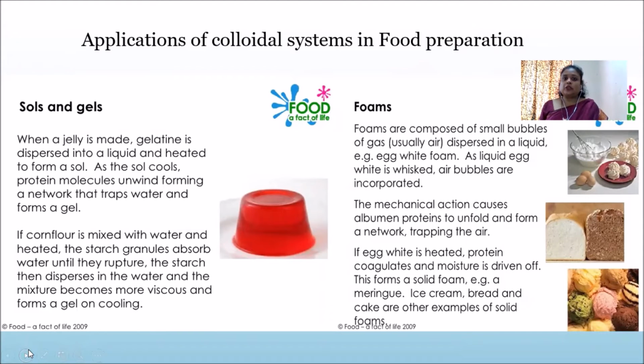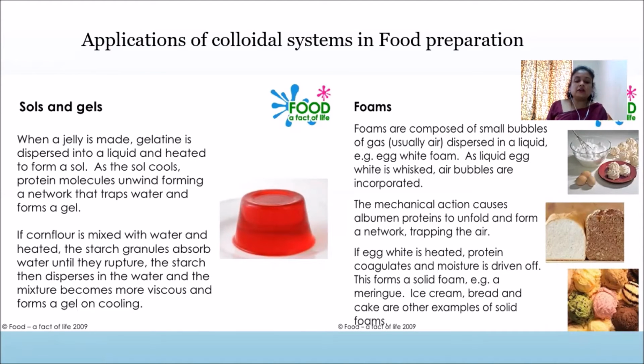The next one is application of colloidal systems in food preparation. So we have sols, gels, and foams. Talk about the sols. Sols are solids which are dispersed in liquid phase and they are free flowing. And these are clear or opaque in appearance and exhibit Tyndall as well as Brownian movement.